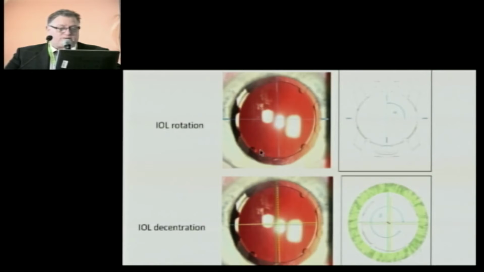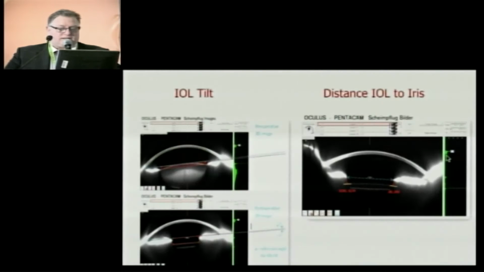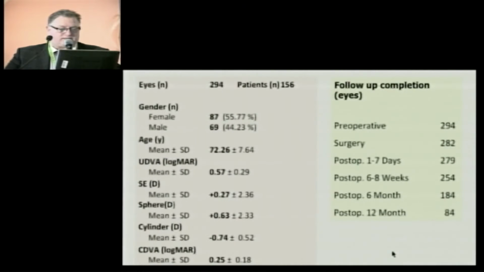So the images that we had were transferred into an image analysis system, and then rotation and decentration were measured, as well as using pictures from a Pentacam for the tilt of an intraocular lens. We could also use that, and this was also automatically analyzed.